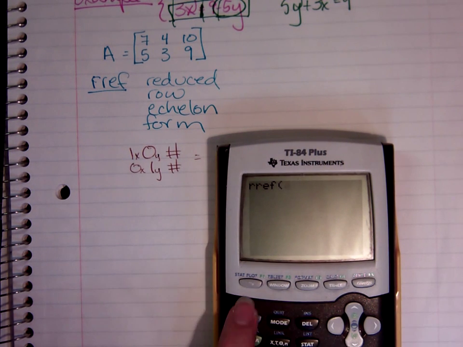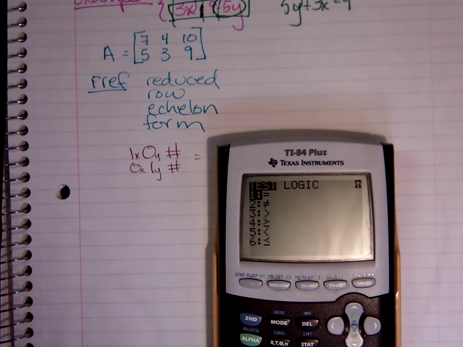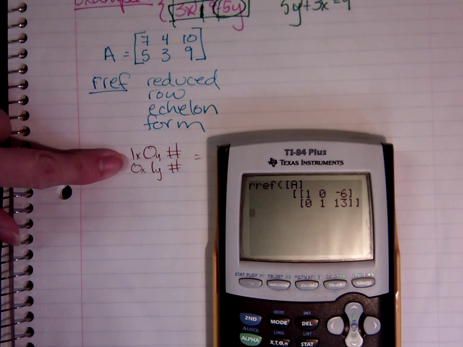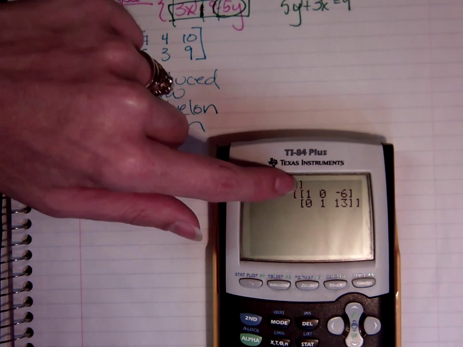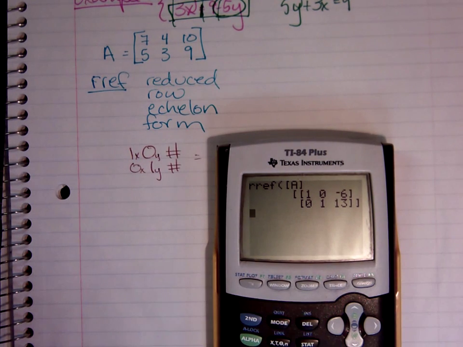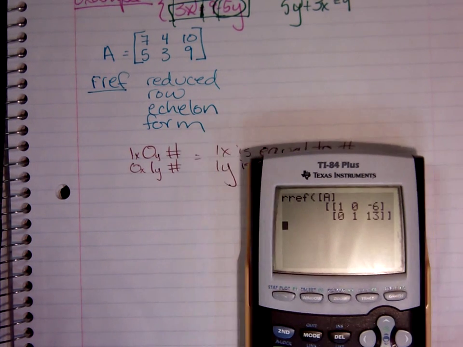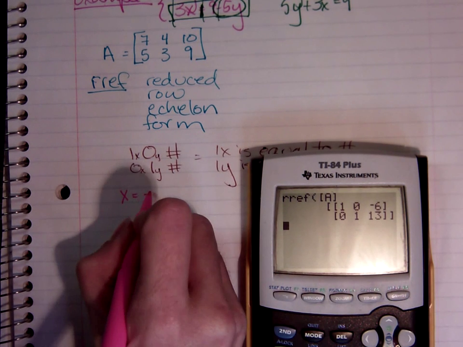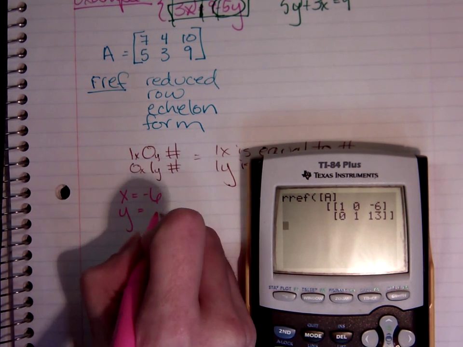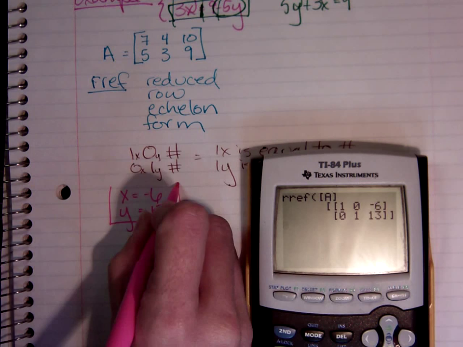So I go back to matrix and tell it A by hitting enter, and then it shows me this form we were looking at. There's my diagonal ones, and this says that x equals -6 and y equals 13. Ta-da!